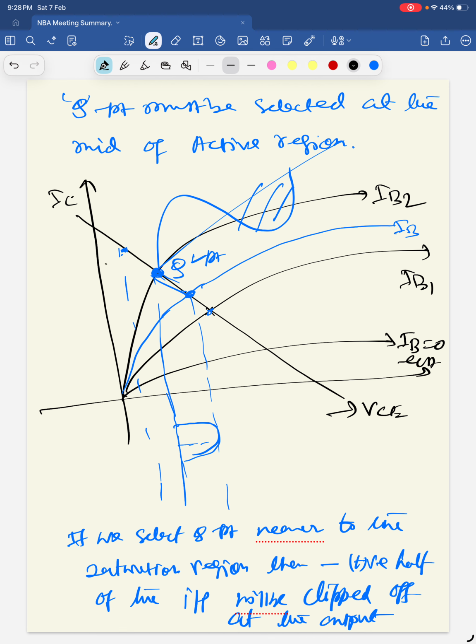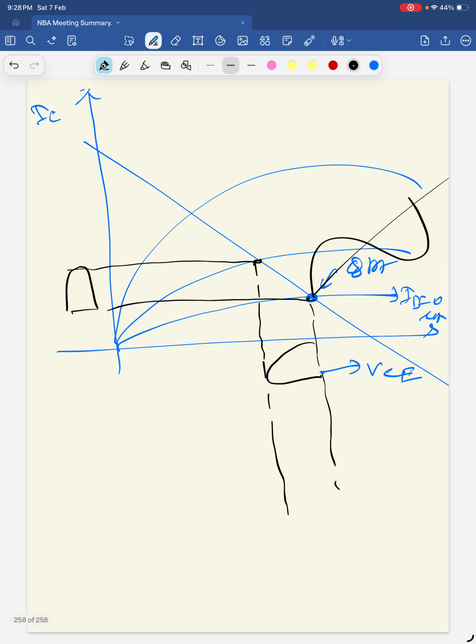For the collector current, the negative half will be 0. Similarly here also, when it moves up, then we will have the collector current, and similarly the VCE. But when it goes to the cutoff region, then there is no current flow. So at that time the output will be 0.